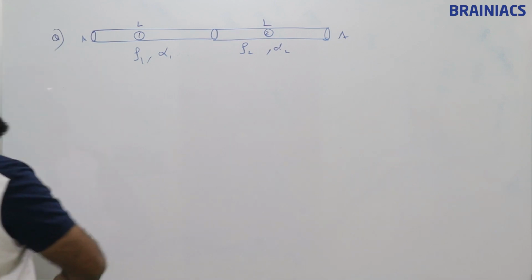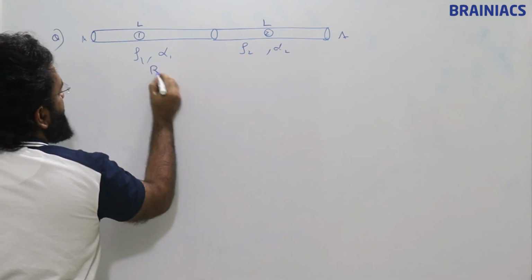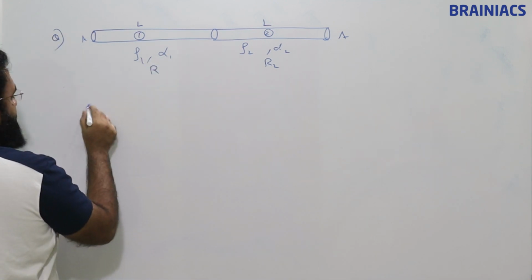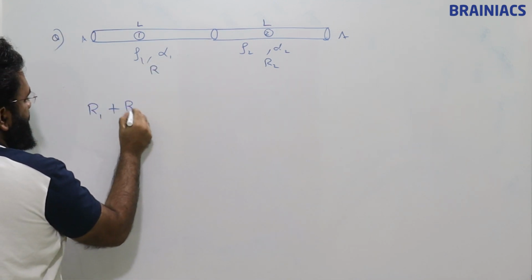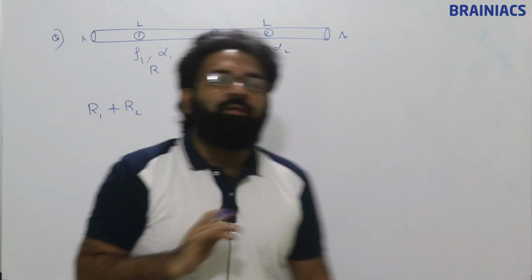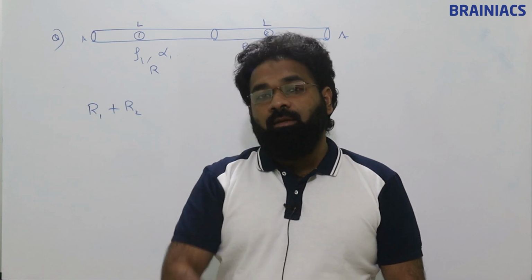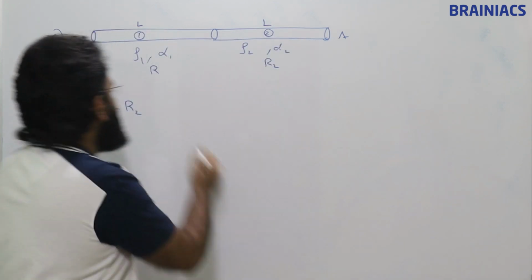See, if this is R1 and if this is R2, so this is like a series, right? So R1 plus R2, this is its normal resistance before changing the temperature. Now if we change the temperature, what will happen?